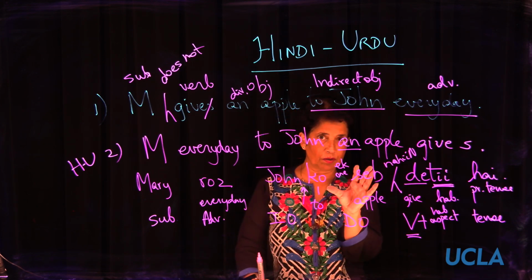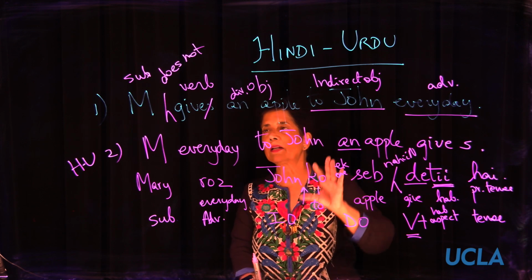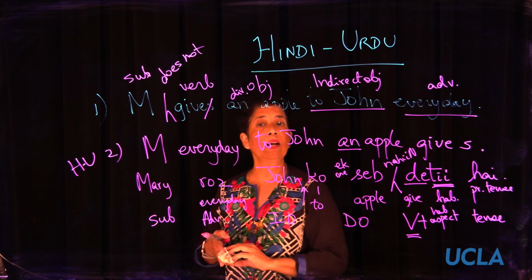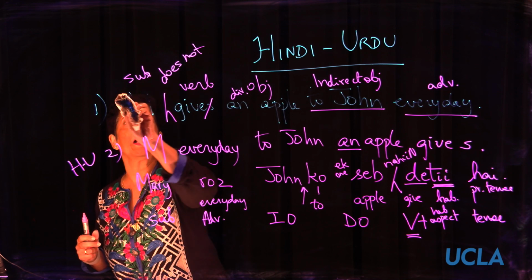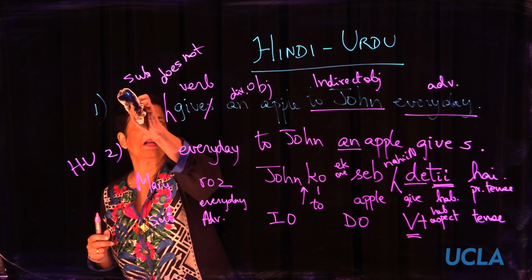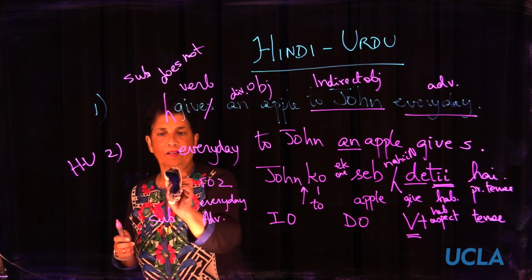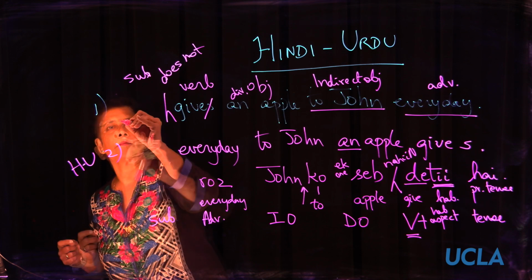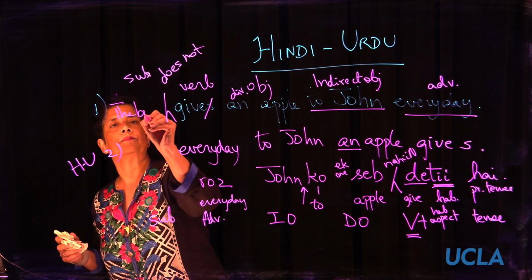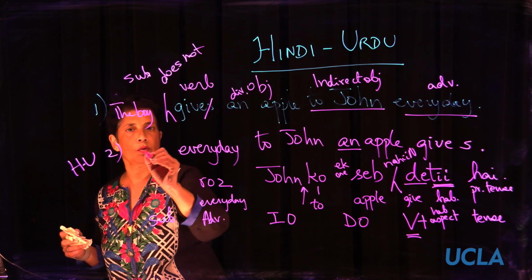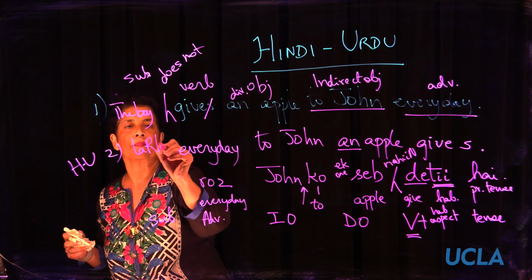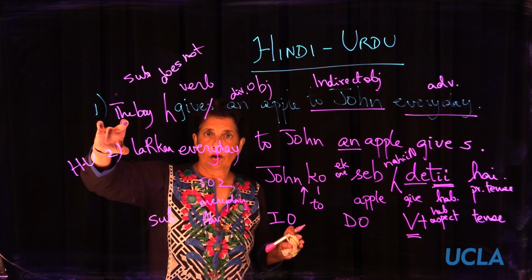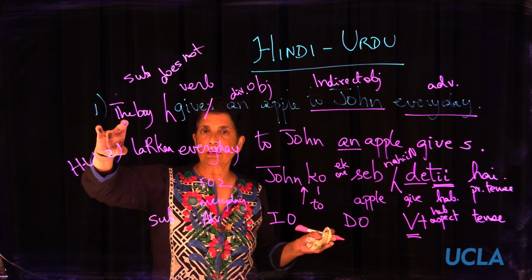One last bit about this segment is that if we have, instead of Mary and John, if we put in a noun, for example, let's say the boy, and here we'll do ladka, and we notice that in English we have this determiner or article, the.